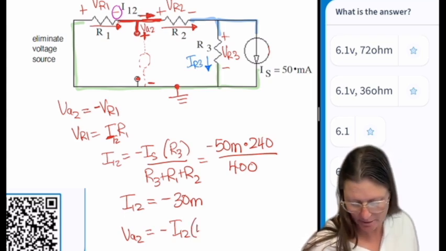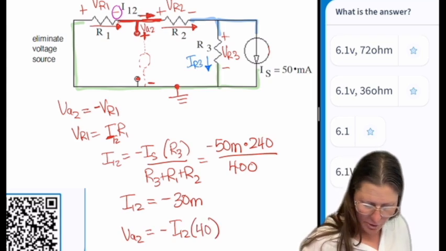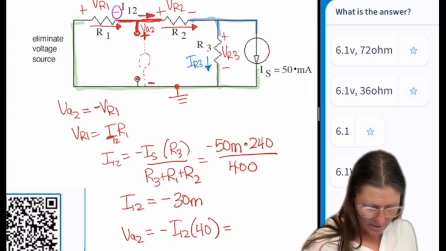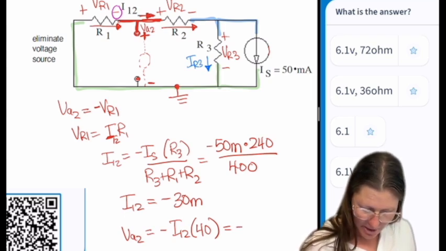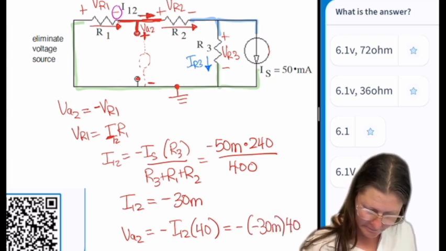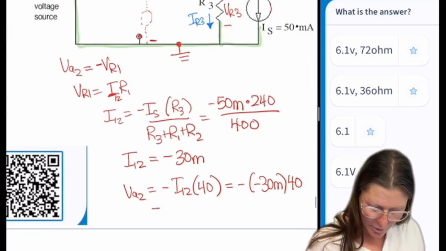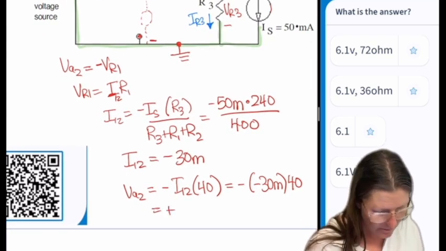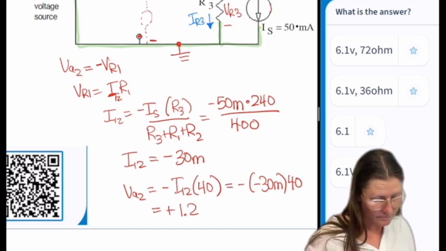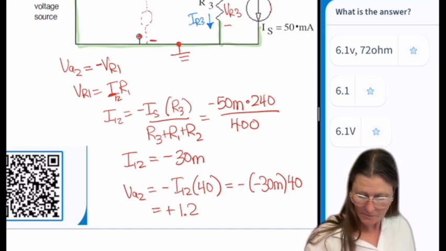Okay, just making sure. 40, and so we get A minus minus 30 milli times 40 for a plus 1.2.